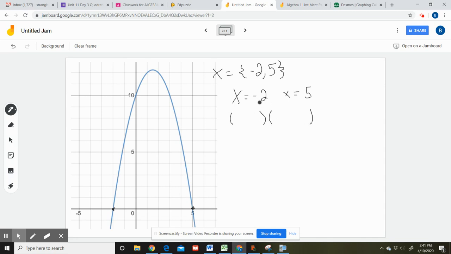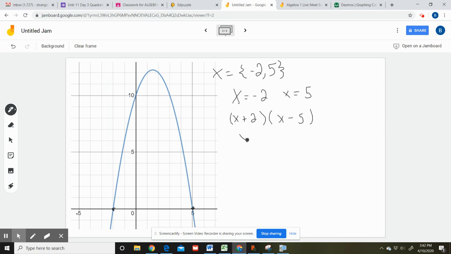I could add 2 to both sides and subtract 5. Or I just go, you know what? It's always the opposite. So if it's a -2, then it's x plus 2 inside here. And this was a +5, so it's x minus 5. That's all I have to do when I bring it to the other side: I do the opposite operation.